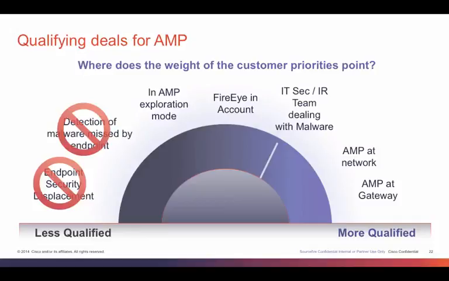So FireEye, as an example, has products that are specifically for your web gateway, your email gateway, and it can scan network file shares. They don't have the full breadth of detection, and they're just now starting to get into that endpoint space, but they're not there yet.